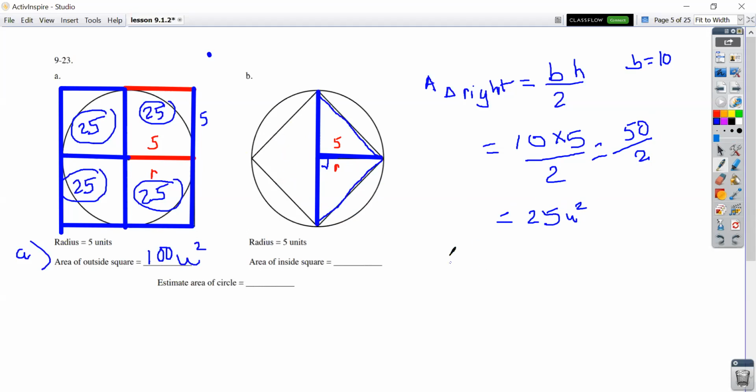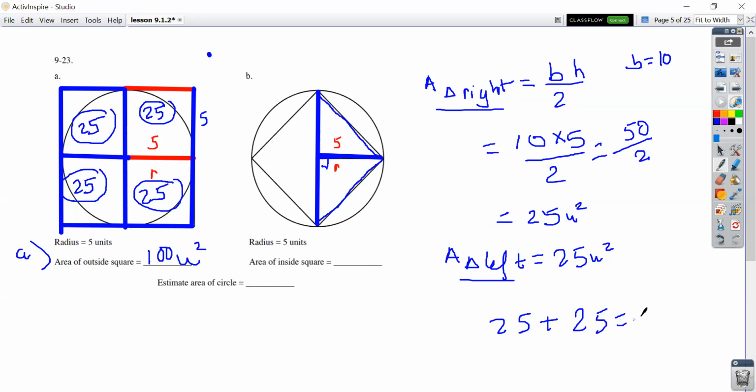So the area of the triangle on your left side is also 25 square units. Okay, so it should be 25 and 25, add them together. 25 plus 25, you get 50.